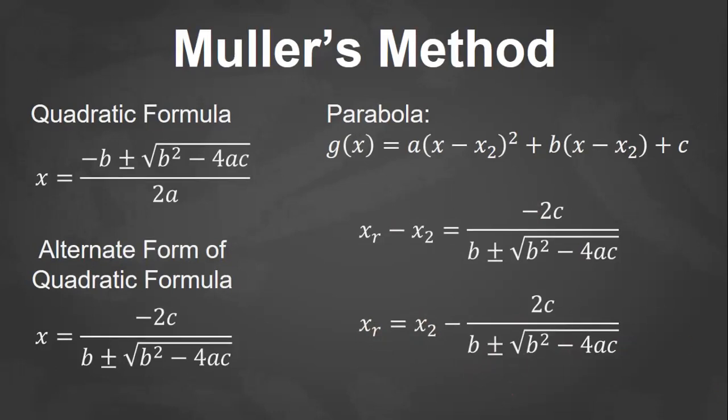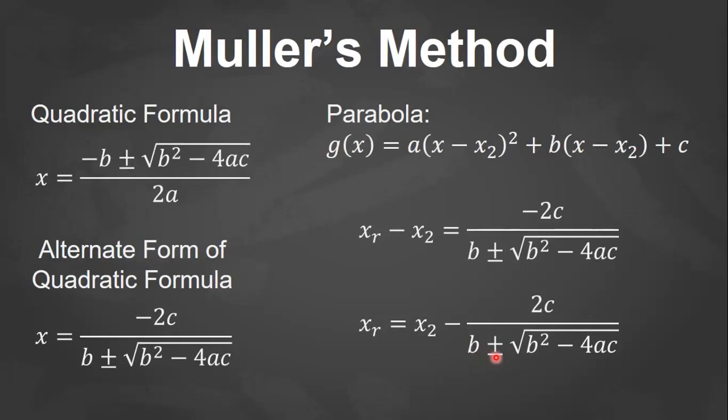Now, another thing, take note nga ang denominator, as you can see, has a plus minus term, which means that it yields two roots. So, ang pangutana karon, what sign should we choose? Now, in Mueller's method, the sign is chosen to agree with the sign of b. Okay. So, if b is negative, then we do subtraction. If b is positive, then addition.